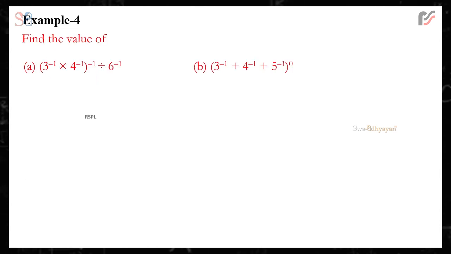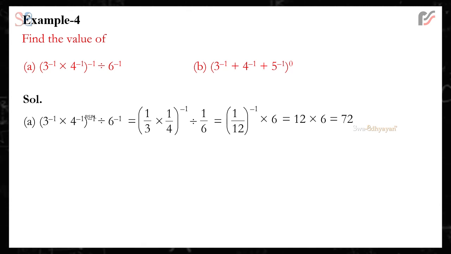Example 4. Find the value of A. (3^(-1) × 4^(-1))^(-1) divided by 6^(-1). Solution.